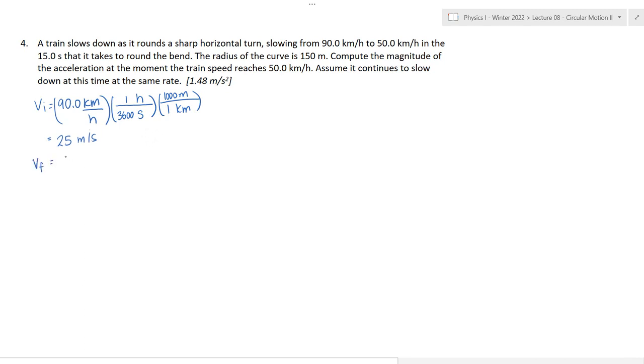Okay, what about our V final? Our V final is 50 kilometers per hour. And we want to change that to meters per second, so I'm going to put hours in the numerator, seconds in the denominator. There's 3,600 seconds in 1 hour. Instead of kilometers, we want meters. 1,000 meters is 1 kilometer. So I'll type that up.